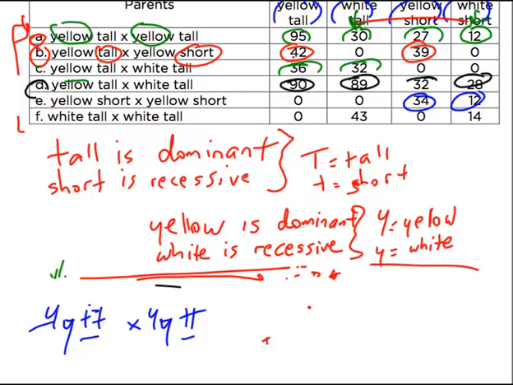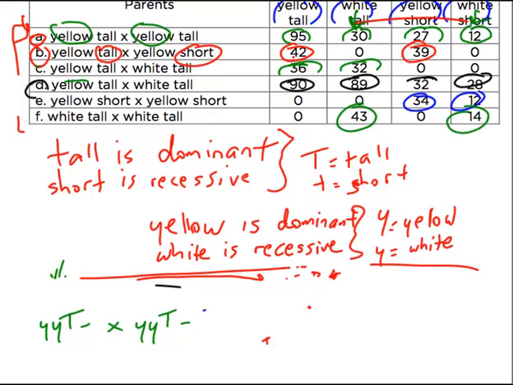All right, last one. We've got a white tall times a white tall. Now, with the white, we have a situation where we know it's like that. Almost the opposite of before. You'll remember we looked at this cross before and noticed that all of the offspring are in fact white, which goes along with this idea, so there's no question about that.